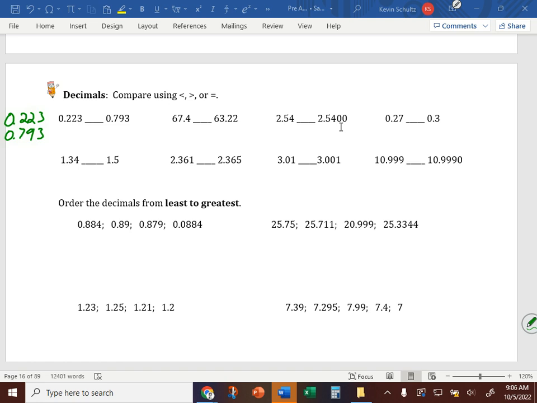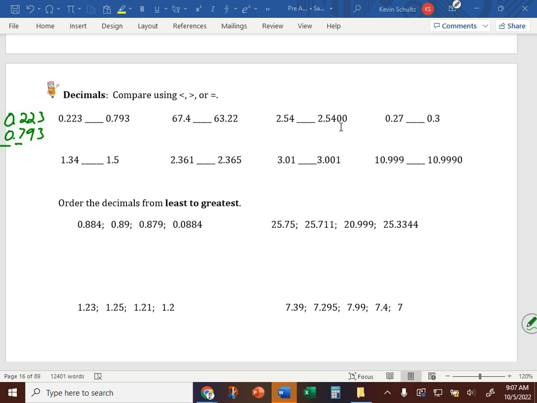Well, since they're both out to 3 places after the decimal point, they're both out to the thousandths place, you can look and compare 223 compared to 793. You can do that only because they're out of the same number of places. Otherwise, you look at the whole place, and they both have 0 wholes. So we move on. You look at the tenths place, and it doesn't matter what comes after that.